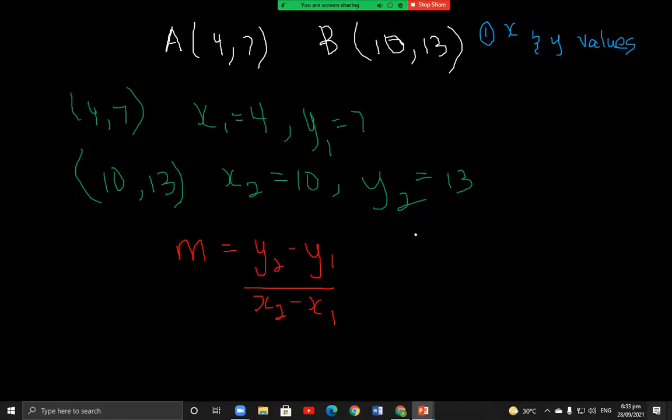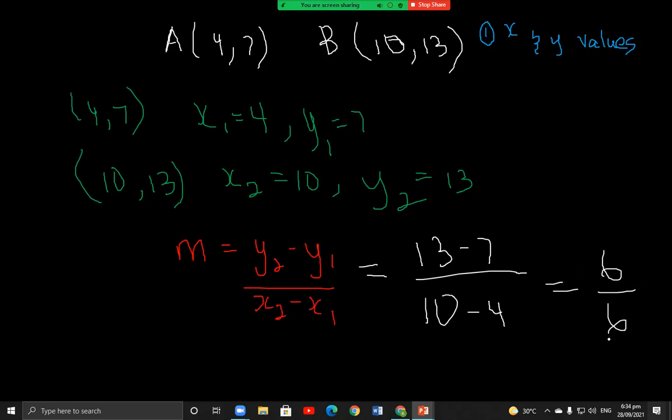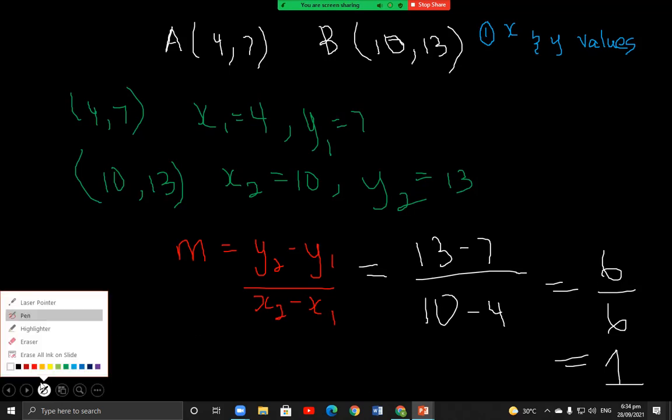So in this case, this would be equal to my y2, 13, my y1, 7, over x2, 10, and then x1, 4. 13 minus 7 is 6, and 10 minus 4, also 6. 6 divided by 6 is 1. So if they had asked me for the gradient, my answer would have been 1 in this case. Everybody understands how we got 1? Yes, ma'am. All right.